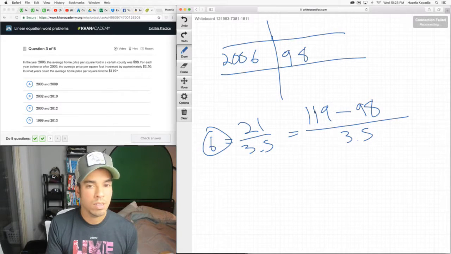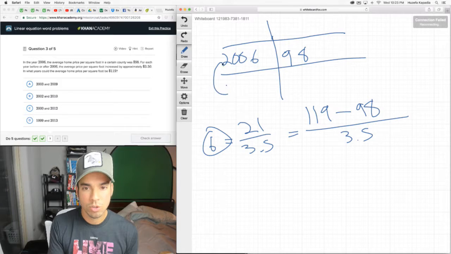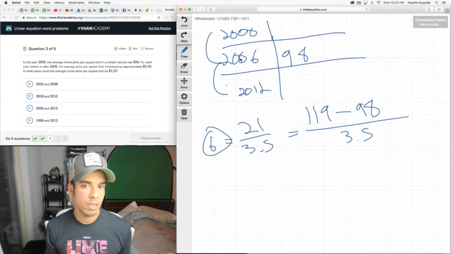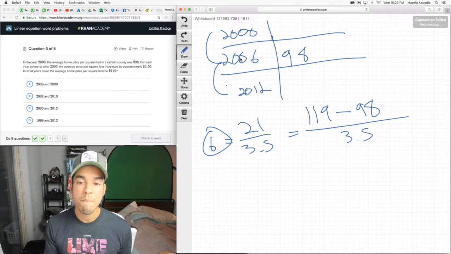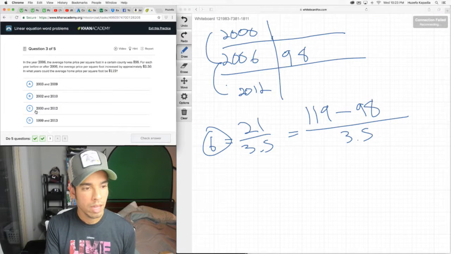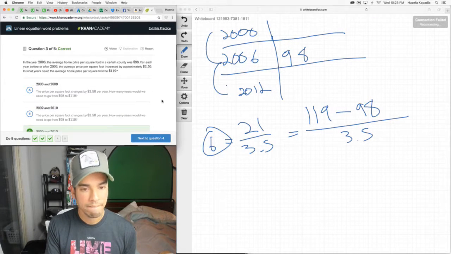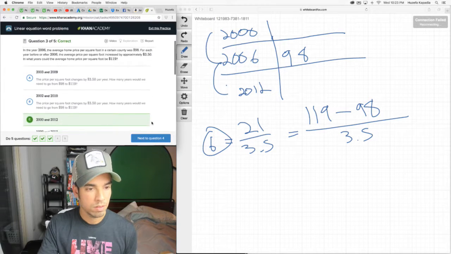So that means it would be 6 years away from this up and down. So it should be 2012 and 2000. So that's what I'm feeling like is a pretty clear-cut answer. I didn't even need to necessarily set up an equation, but that seems to be right. Yeah. All right, we got it.